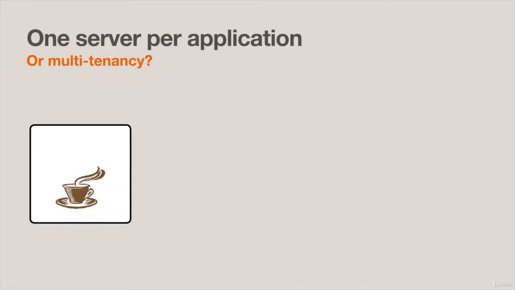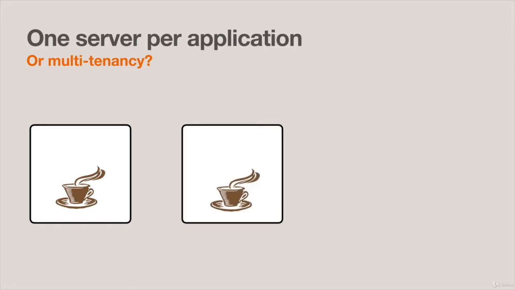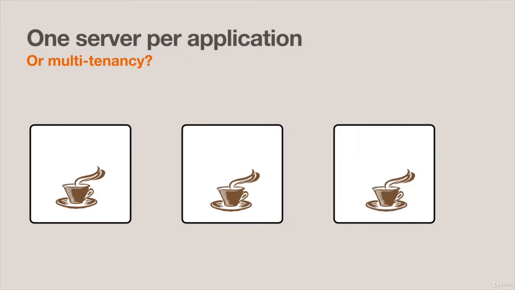So when we deploy an application, we end up with a single server with a single Java process running on it. And if we deploy a new application, or we want to increase the capacity of an existing one, then we need to add more servers. Now this has two major downsides. The first is the provisioning lag. So how long does it take for us to get another server?